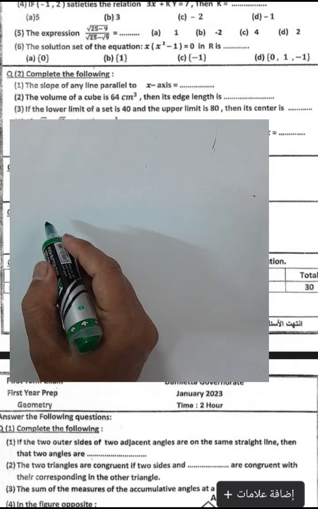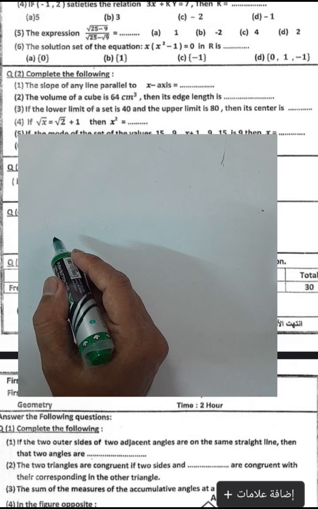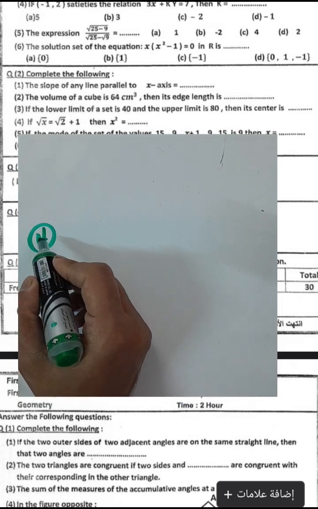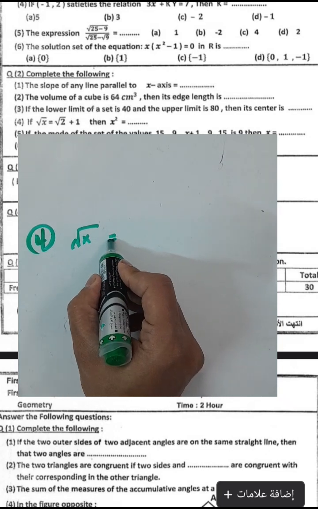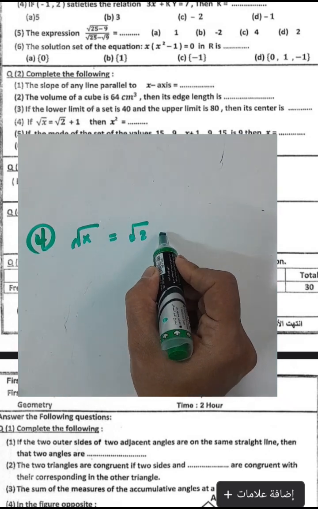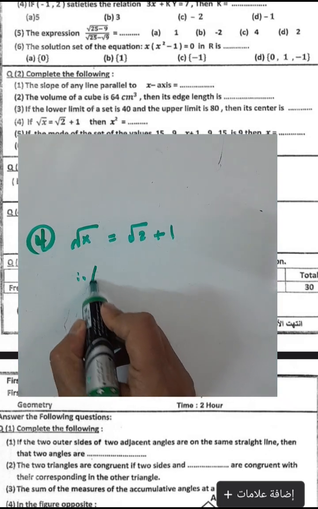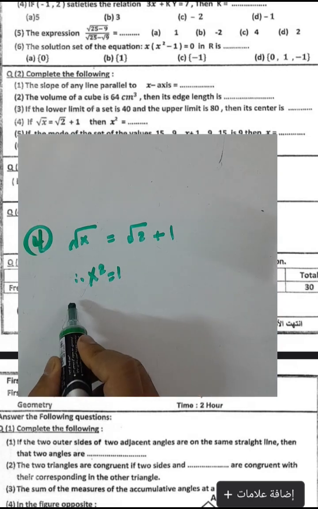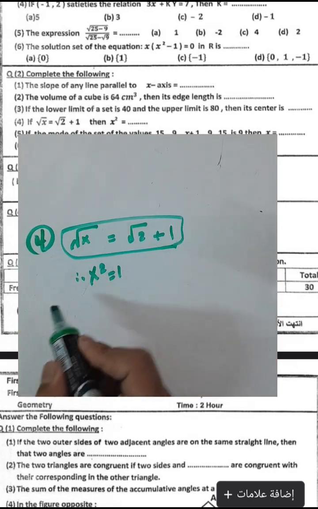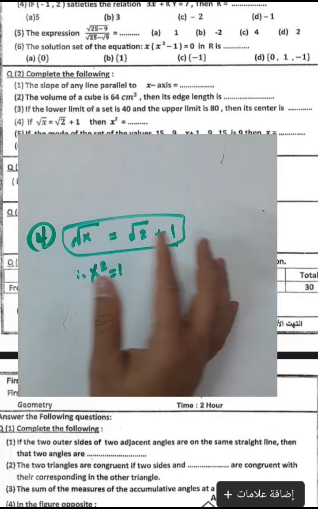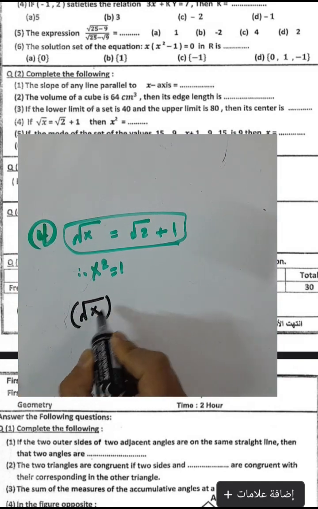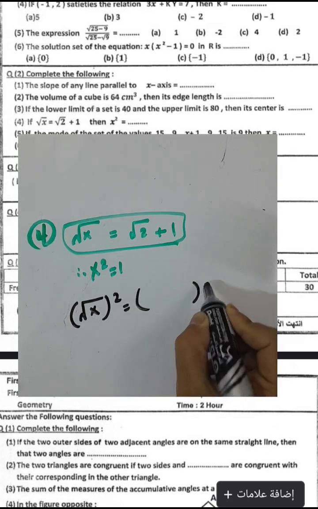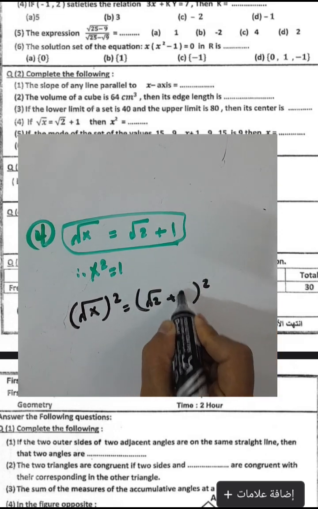Question number 4. If root x equals root 2 plus 1, then x power 2 equals what? We can solve this equation by putting power 2 on the left hand side and right hand side. Here, square root x power 2 equals root 2 plus 1 power 2.